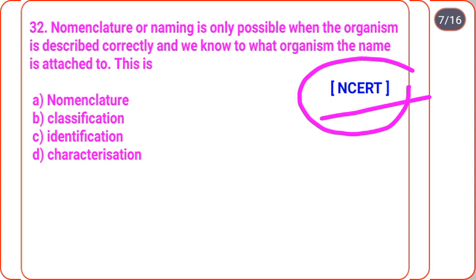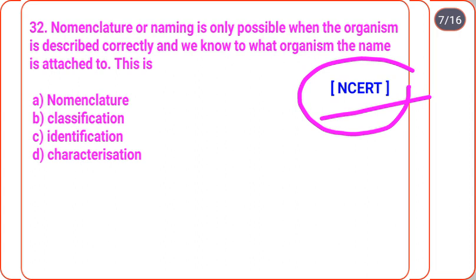Further we repeat, naming will be possible when the organism is described correctly and we know to what organism the name is attached to. Yes, this is called identification.